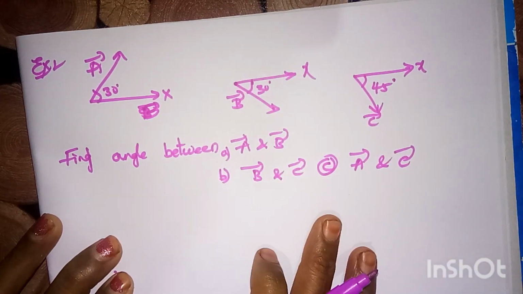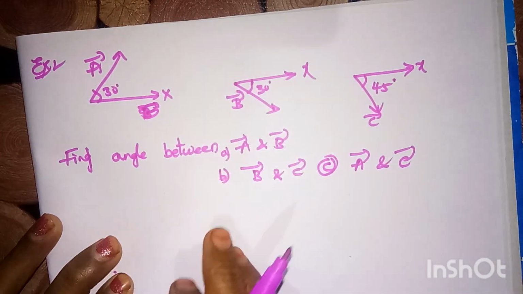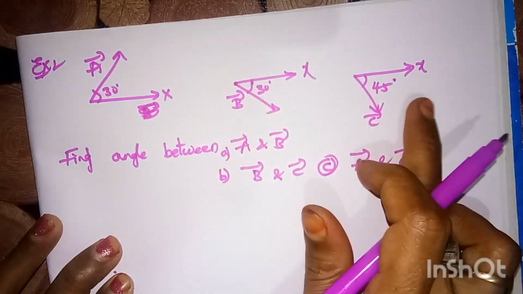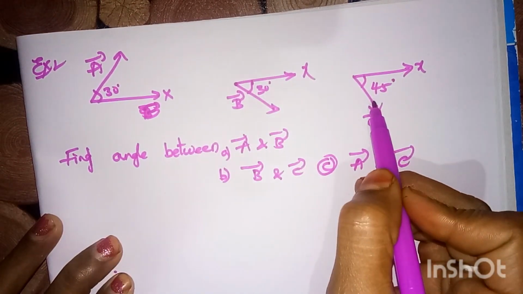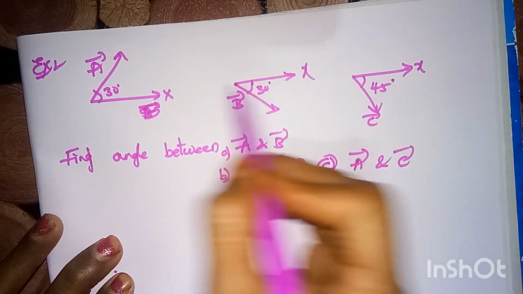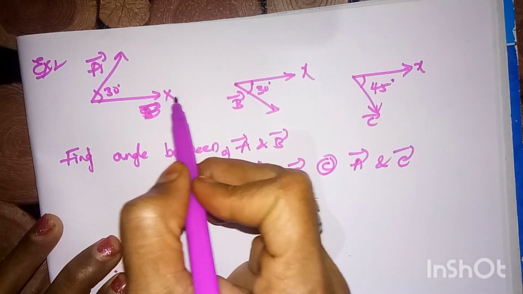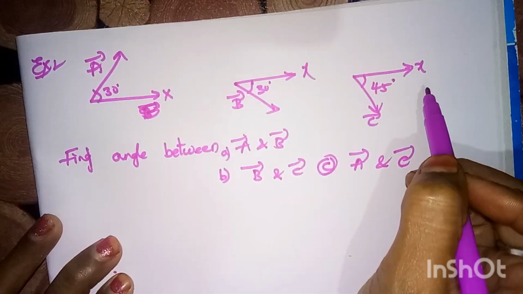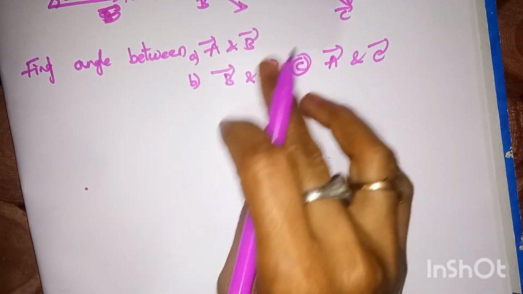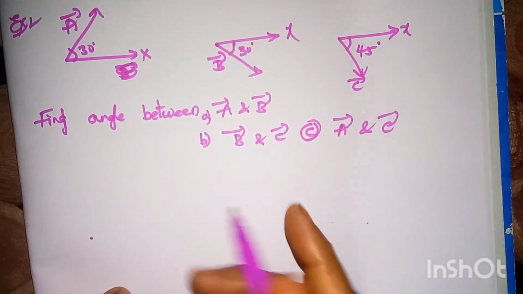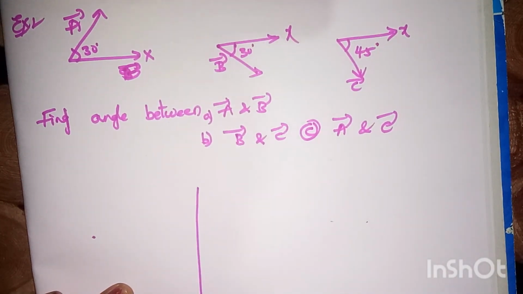You can observe one similarity: these three vectors make angles along the same x-axis. Now we are going to calculate these angles.